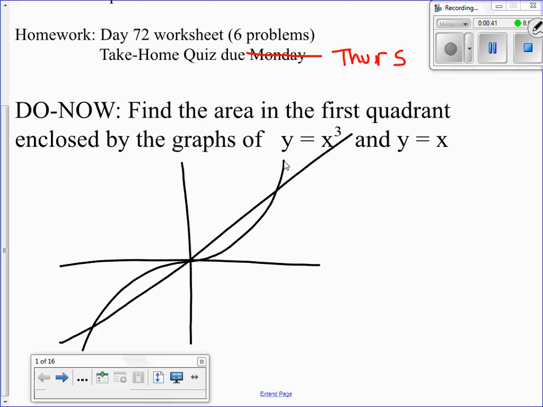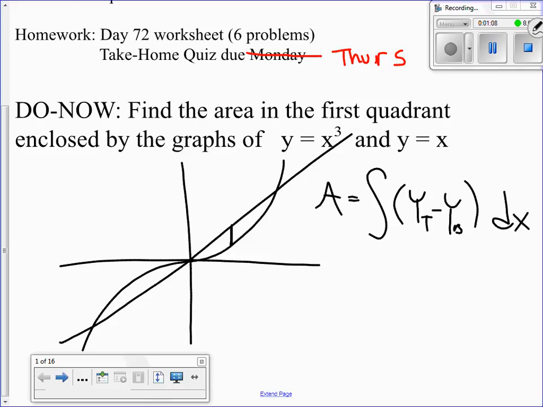So the way that we were finding the area on Thursday, we summed up using a definite integral the areas of an infinite number of rectangles, and we used vertical strips. When you use vertical strips, to get the height, it's y top minus y bottom. Do you remember what the width was? dx.